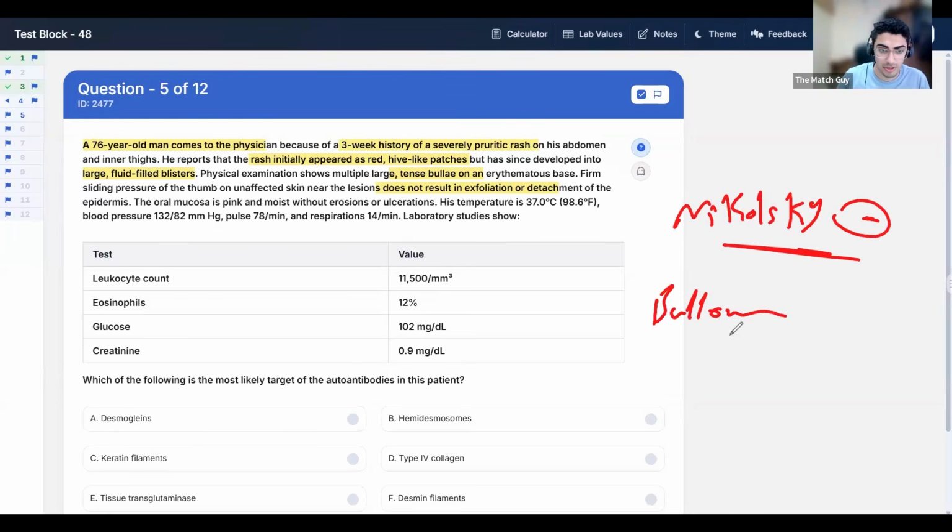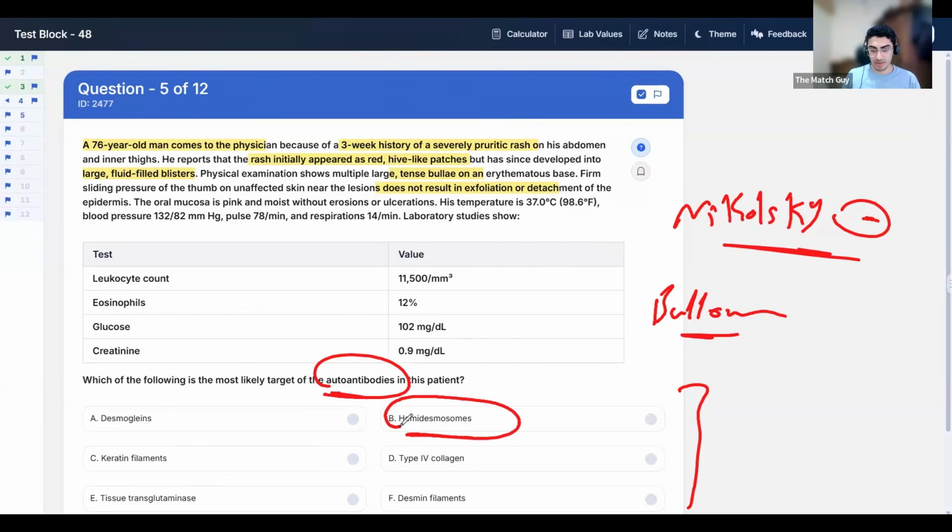Okay, bullous pemphigoid. So bullous pemphigoid is caused by autoantibodies against which of the following? Amazing. Exactly. Hemidesmosomes. Okay, hemidesmosomes. Autoantibodies against type 4 collagen will cause which condition, guys?